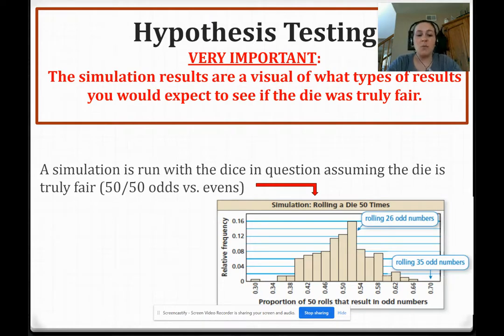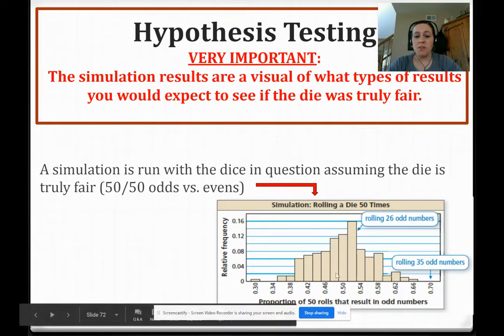So here I ran a simulation of a standard 6-sided die, rolling it a total of 50 times. Now, this histogram is not a single set of 50 rolls. Basically, this is a histogram displaying rolling a die 50 times, many, many, many times. We want to use these results as our way of gauging whether we believe the company's claim or not.